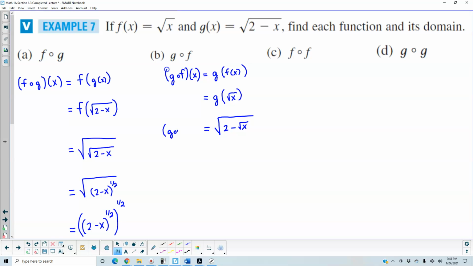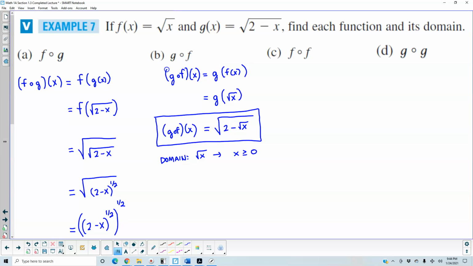So g composite f of x is the following. That's what we get for this composite function. Now we need to find the domain. There are two parts to consider. The first part is underneath the radical, the square root of x, so x has to be greater than or equal to 0.